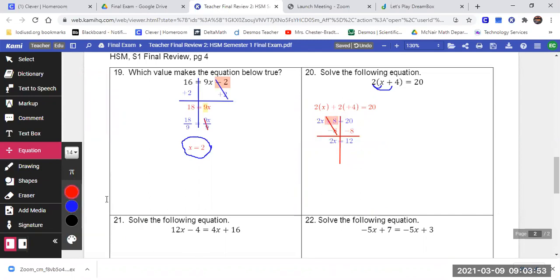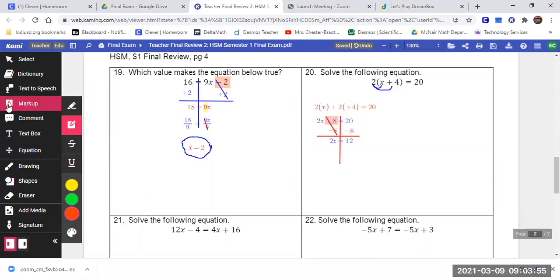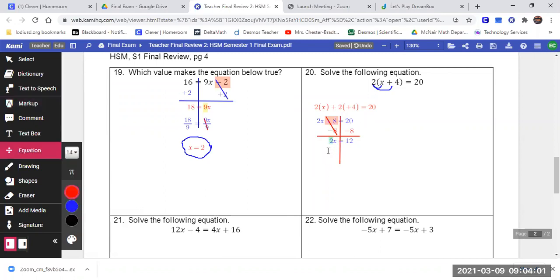Divide both sides by 2, because we have to do our big 1. We have to get this 2 out of there, and it's multiply right now. So that's why we're dividing both sides by 2. So 2x divided by 2 has to equal 12 divided by 2.